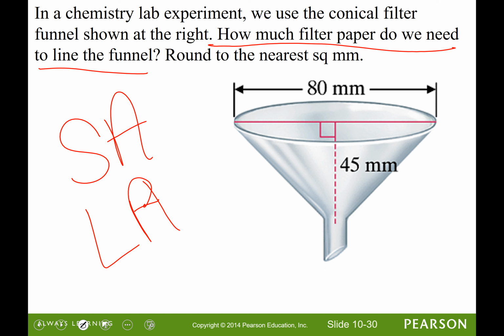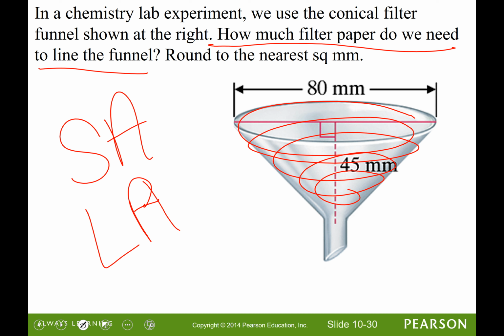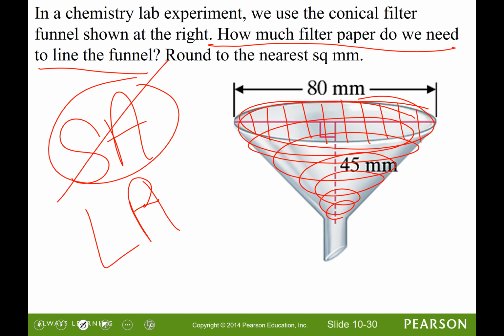And by the filter paper, it's asking to line the funnel. So it would just be this part here, the funnel, okay? So it is not including this top circle, which is considered the base.